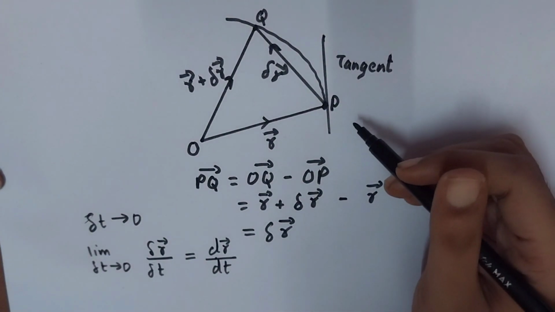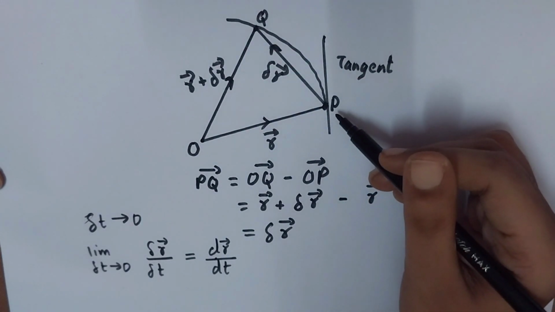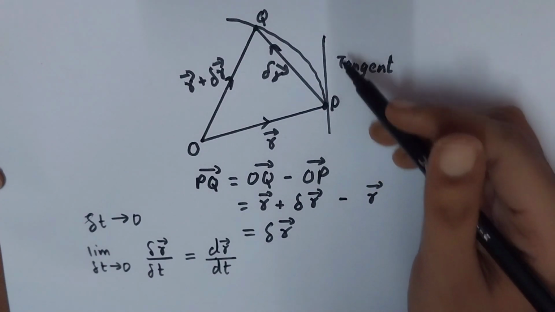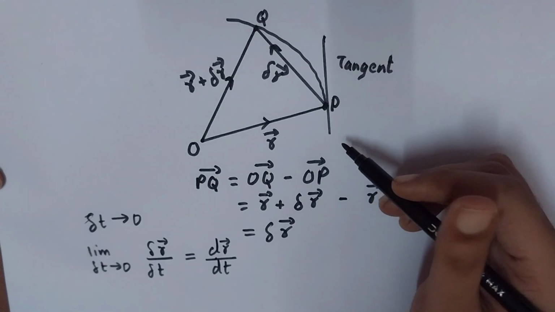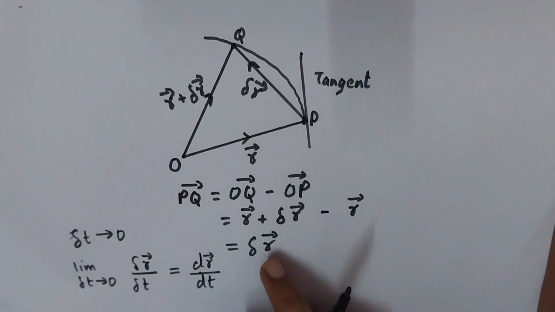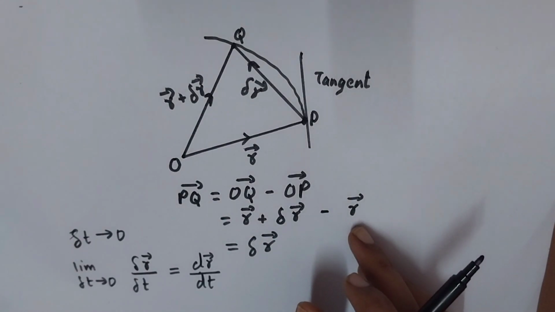As delta t tends to 0, Q tends to P, and this chord will be the tangent passing through the point P. So dr vector by dt is a vector in the direction of the tangent at P. dr vector by dt is also called the differential coefficient of r vector with respect to time t.